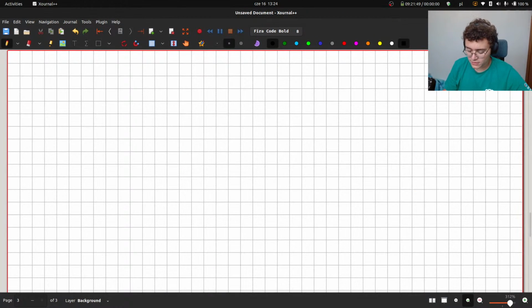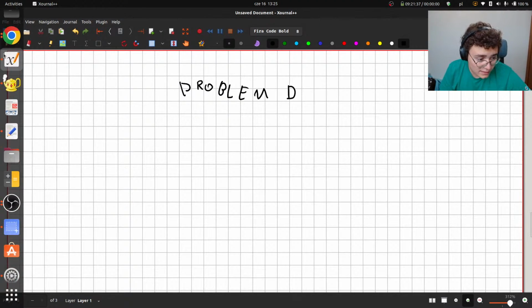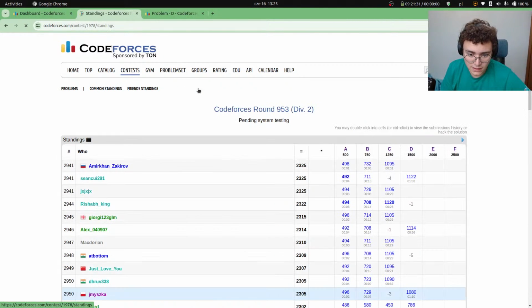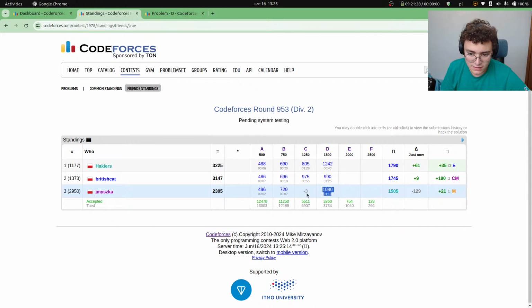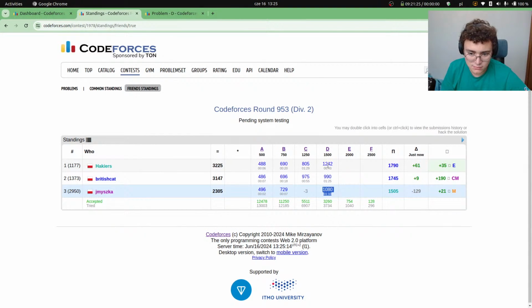So problem D. For me D was much easier than C. I had D instantly. I just read it and implemented it. I got it after an hour because I was submitting C, and then I just read it and solved it.